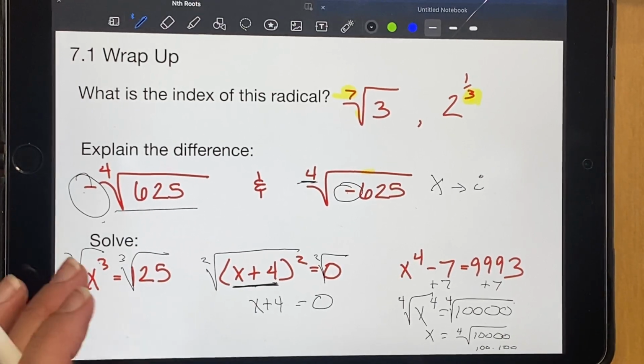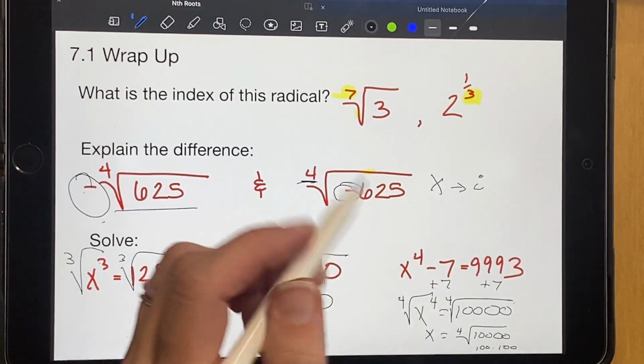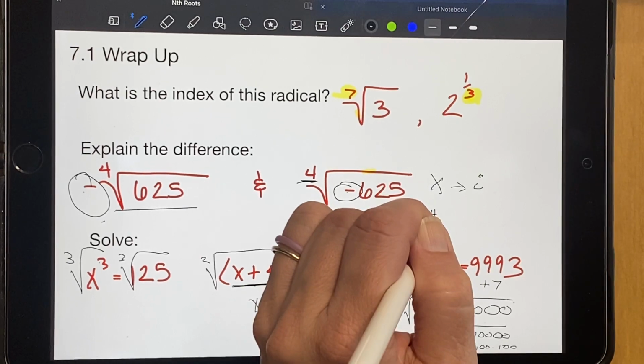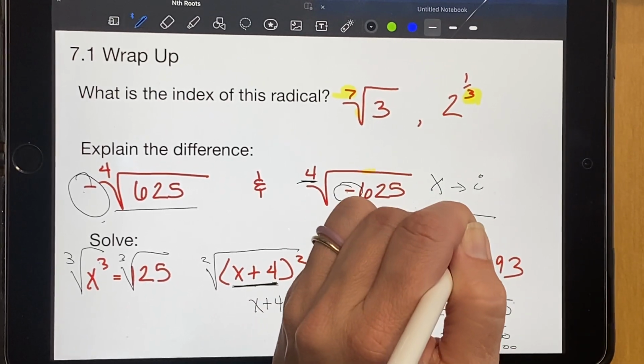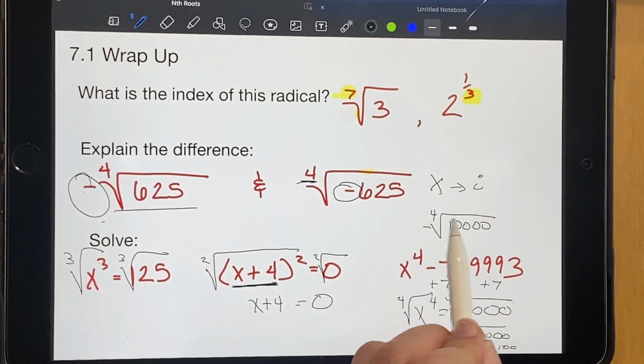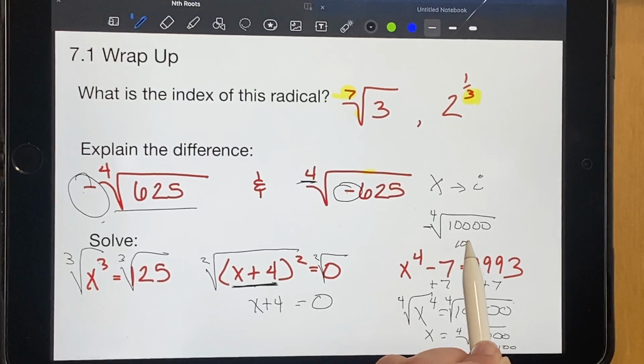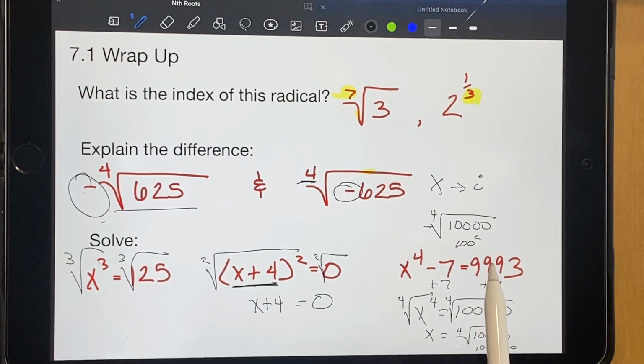So one of the things I do want you to notice is that when we have the fourth root of 10,000, okay, this one's easy because it's a 10, but we could rewrite this as 100 squared.